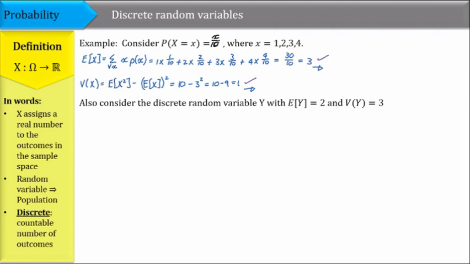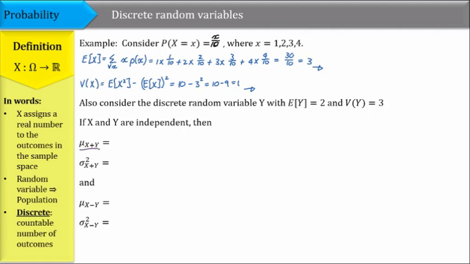Now let's consider another random variable, which we'll call y, and it has a mean of 2 and a variance of 3. Now what I want to calculate is the mean of x plus y, the variance of x plus y, the mean of x minus y, and the variance of x minus y. An additional piece of information: we are told that x and y are independent.